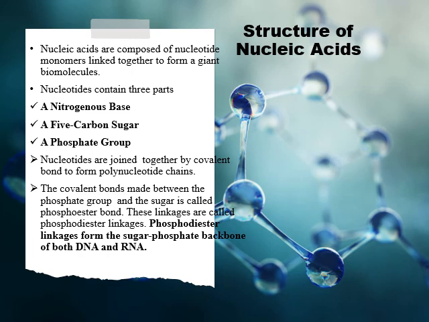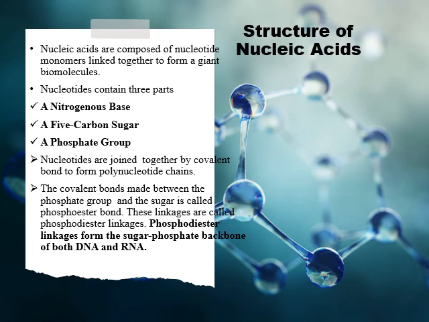Nitrogenous base represents proteins, amino acids, that are present in the diet, while the 5-carbon sugar is associated with carbohydrates, and phosphate is a mineral group. So they are joined together by covalent bonds to form polynucleotide chains.